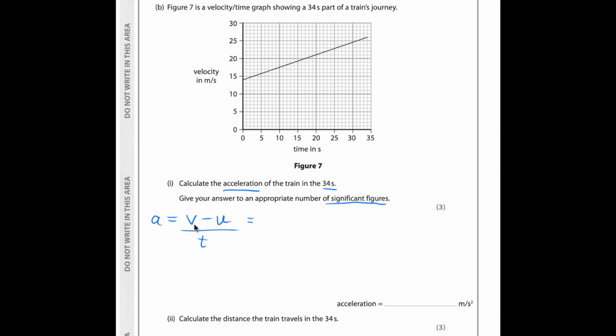So the final velocity is going to be at the 34 seconds, and you can see, right, what's that? If that's 25 and that's 30, then that's 26. So the final velocity is 26 meters per second.